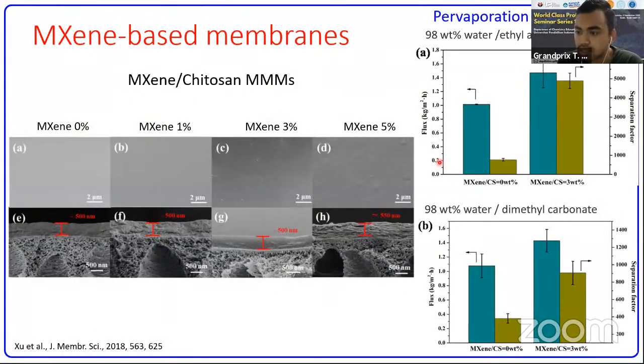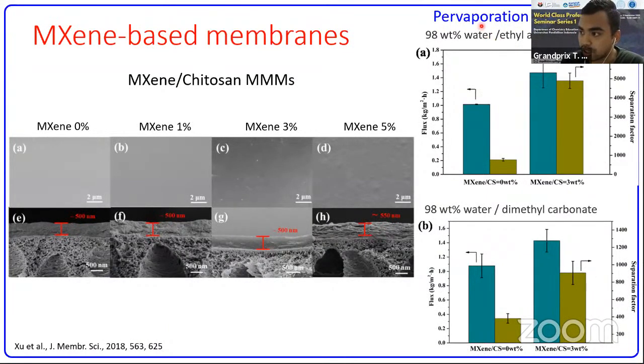This is an example when we incorporate MXene within the chitosan polymers. When we incorporate more MXene, we could have a rougher surface, indicating the incorporation of MXene has been successful.